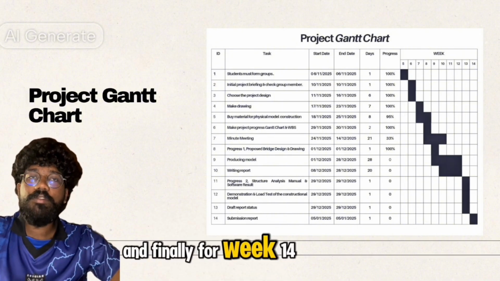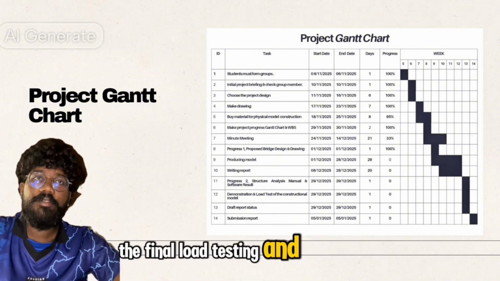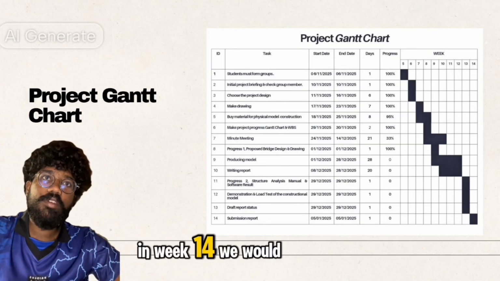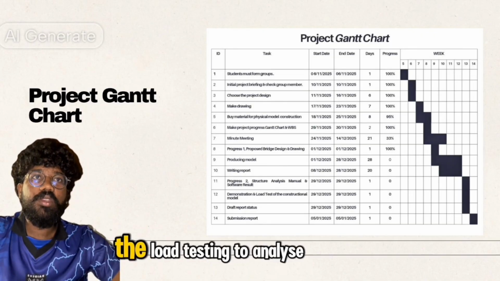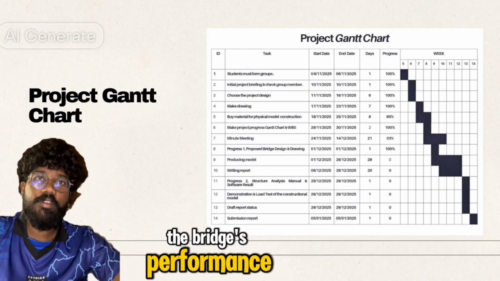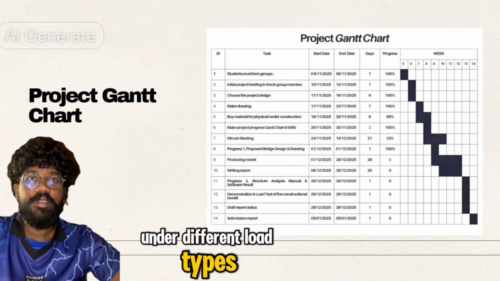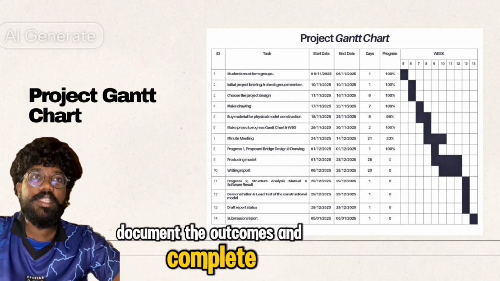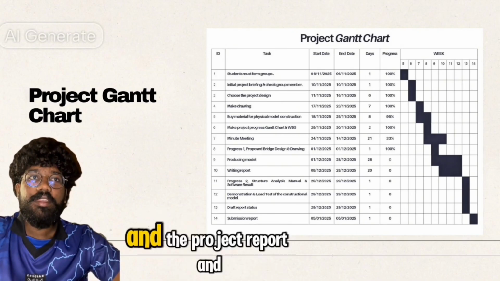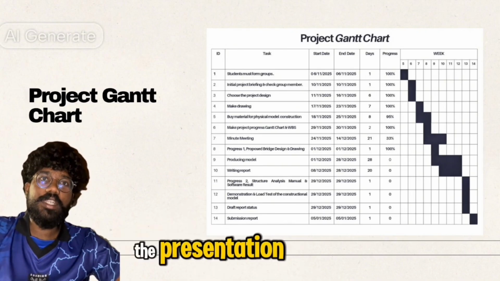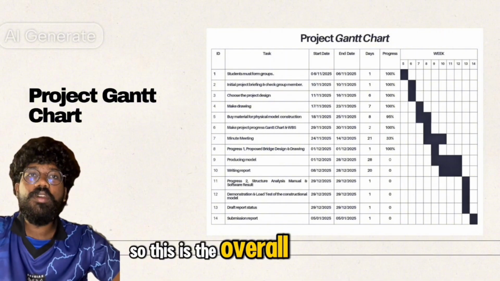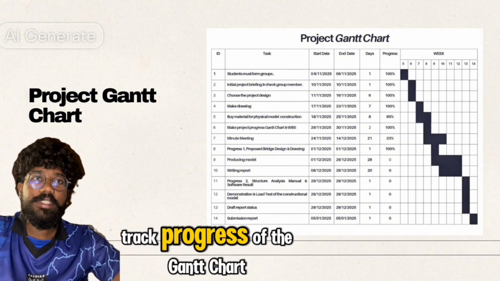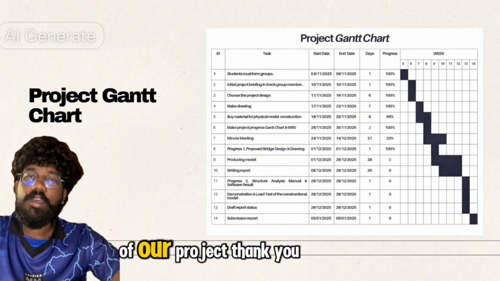And finally, for week 14, the final load testing and report completion. In week 14, we will carry out the load testing to analyze the bridge's performance under different load types. We will record the results, document the outcomes, and complete the final project report and the presentation. So this is the overall track progress of the Gantt chart of our project.